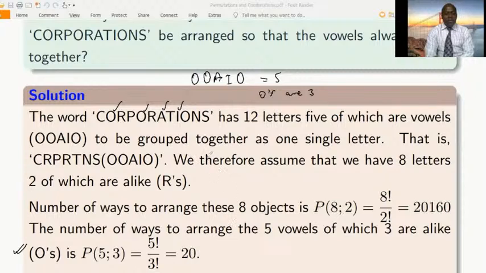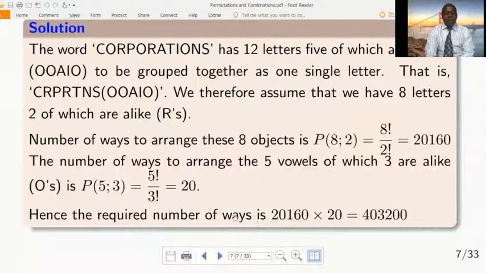So therefore, what does the question want? The question wants us to multiply this, or the required number of words would therefore be this times that, which is this. And that's how we do this type of question.